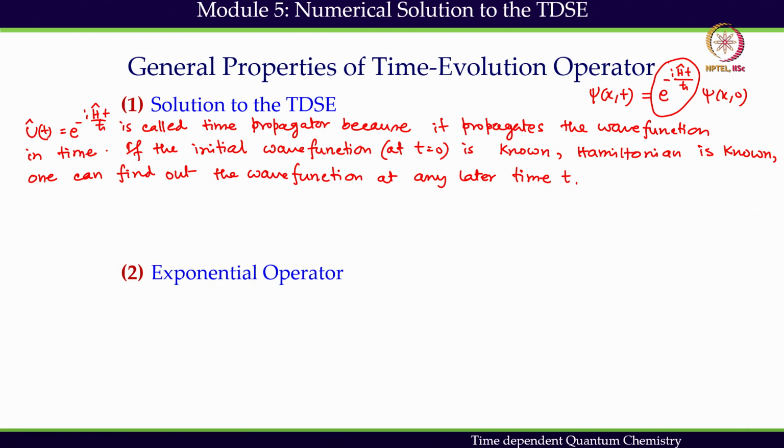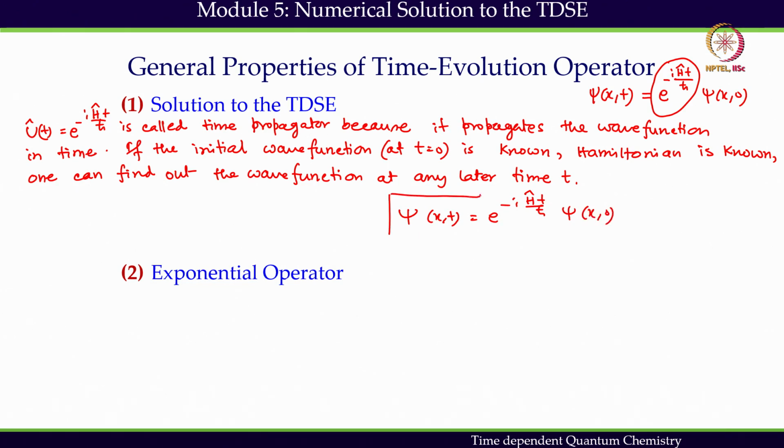This is an exponential operator, and we have already seen in the previous module, module 4, this equation: psi(x, t) equals e to the power minus i H t by h cut times psi(x, 0).